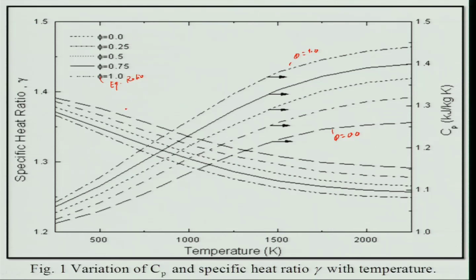Keep in mind that this is phi equal to 0 and this is phi equal to 1, and it is just the opposite of that of Cp. So, we need to take care of this while analyzing real cycles, because in each component there will be a change in temperature. However, for a computer program one can do this, but for hand calculation we will not be using this, because it will be very cumbersome.